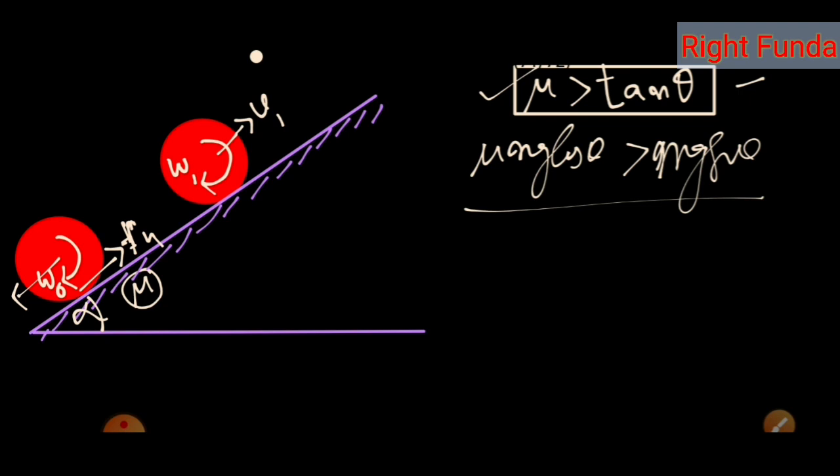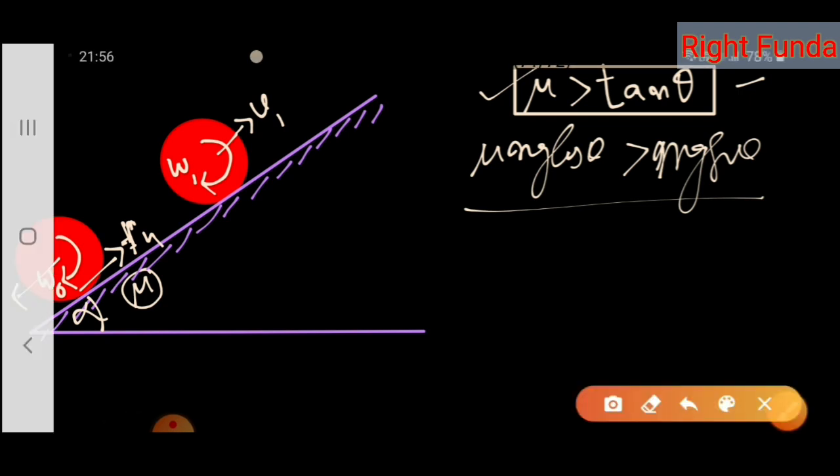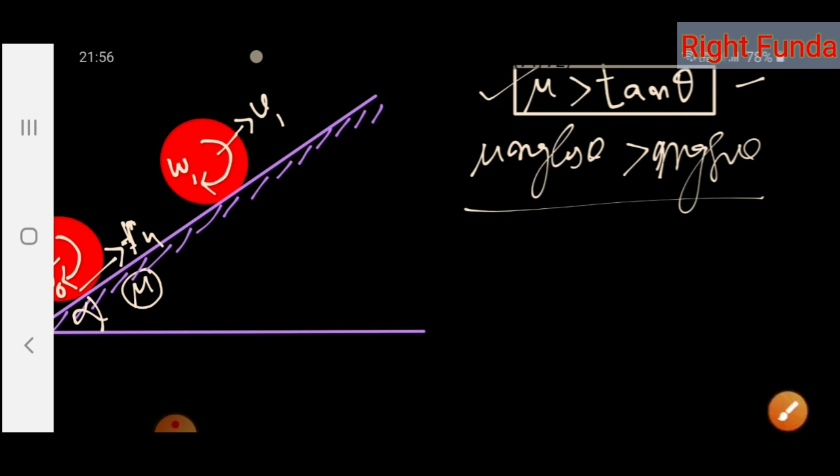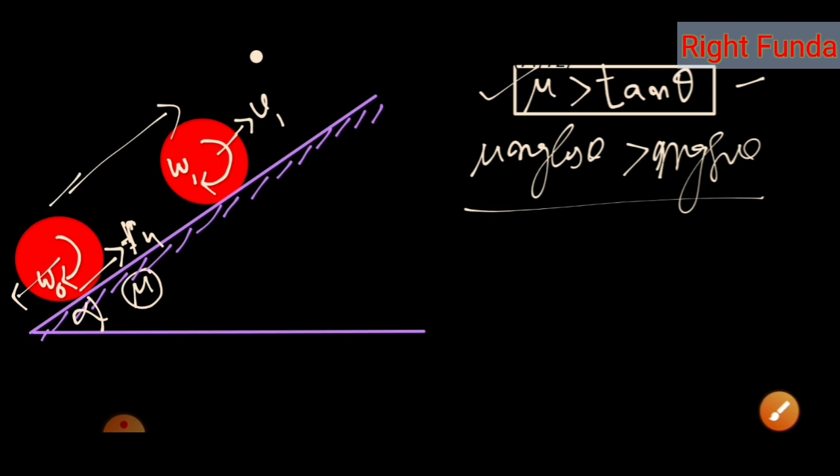After some time it will attain a velocity v1 satisfying the relation v1 equals r omega, and if this condition is satisfied, we call it pure rolling motion, because the bottommost point will not be sliding at that moment. So up to this point the body has slid over the surface and has attained the pure rolling condition.